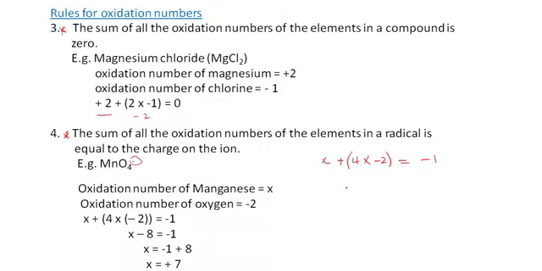All we need to do is solve for X. So X minus 8 equals -1, therefore X equals -1 plus 8. So X is equal to +7. The oxidation state of manganese in this case is +7.